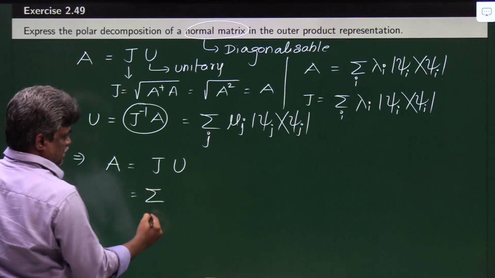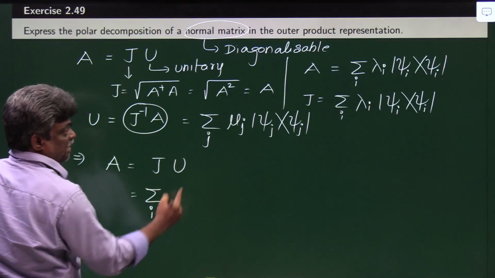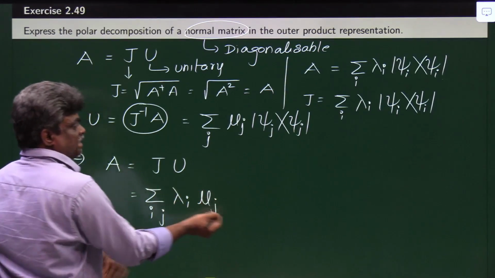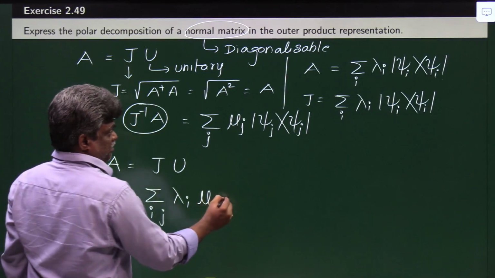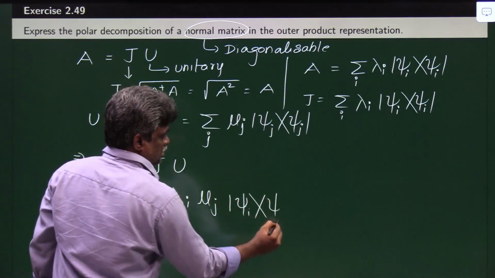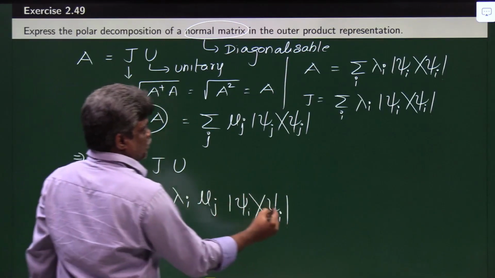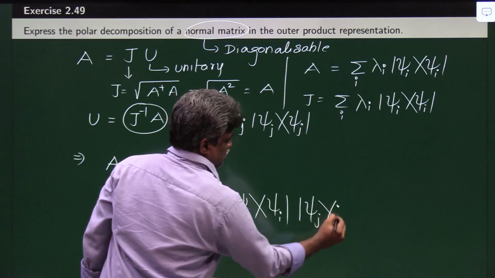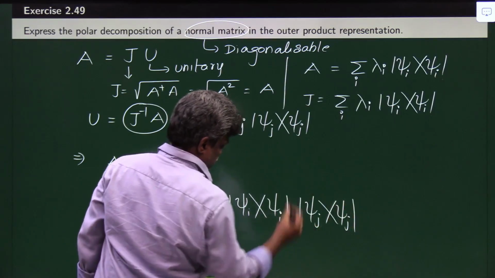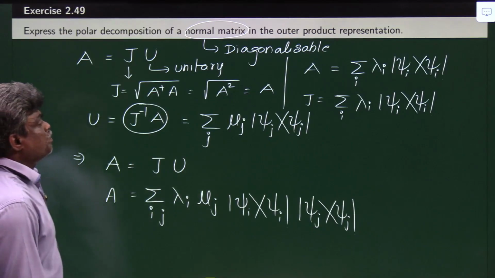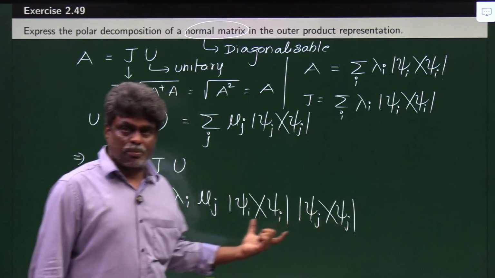So we can write summation over I, j, lambda I mu j. You can write the constant outside, and after that we have psi I outer product, and this one U, which is again outer product psi j. That's it. So this is the polar decomposition in the form of outer products.